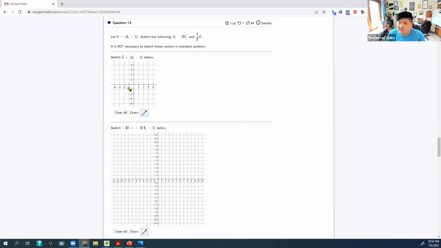It's sort of like a point, but it's actually the line segment that is in the direction of that point. So if you start from 0, 0 and you click there, and then you go over to 4, -1, then that would be the vector 4, -1.